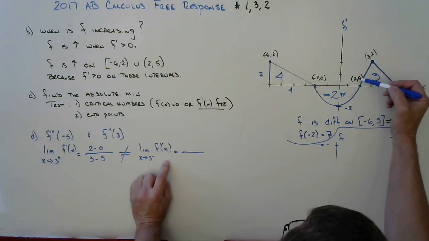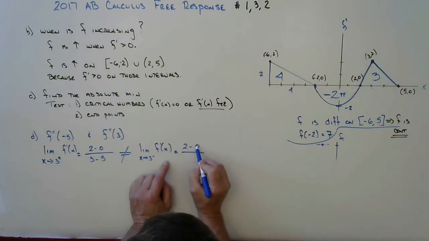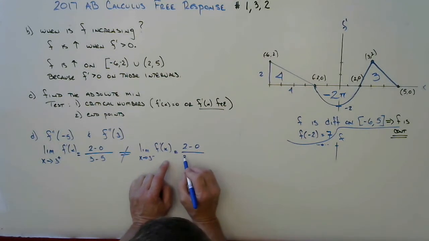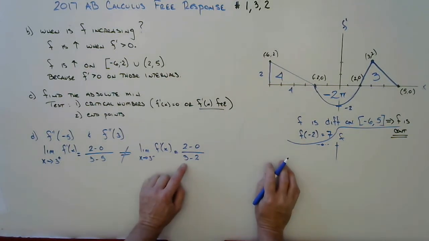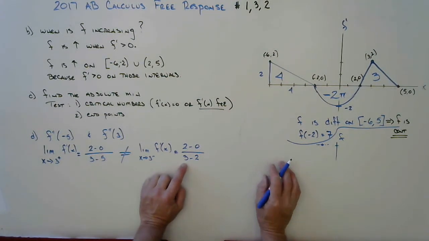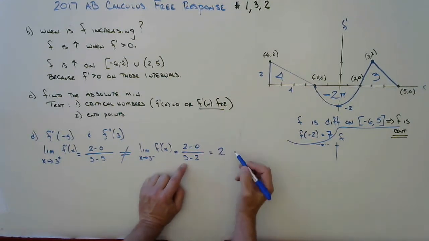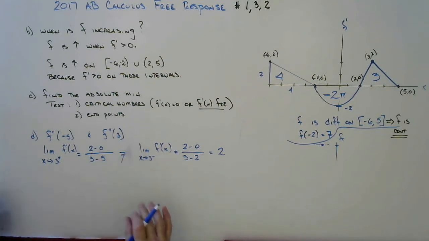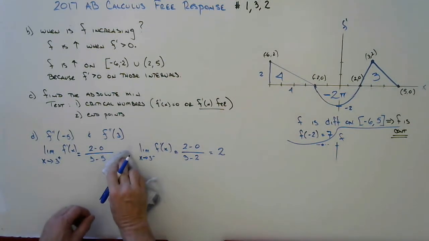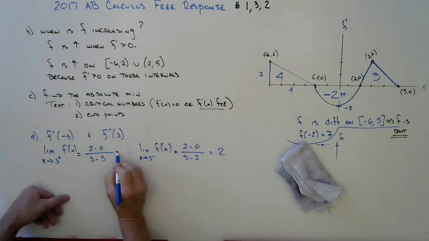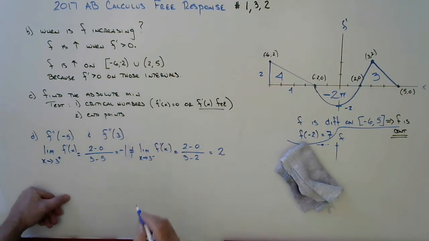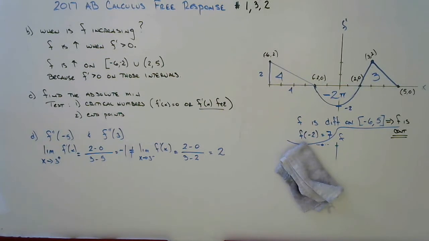We get 2 minus 0 over 3 minus 2, so this one is positive 2. We said this was 2, this is negative 1, and those are not equal. So f double prime of 3 doesn't exist.